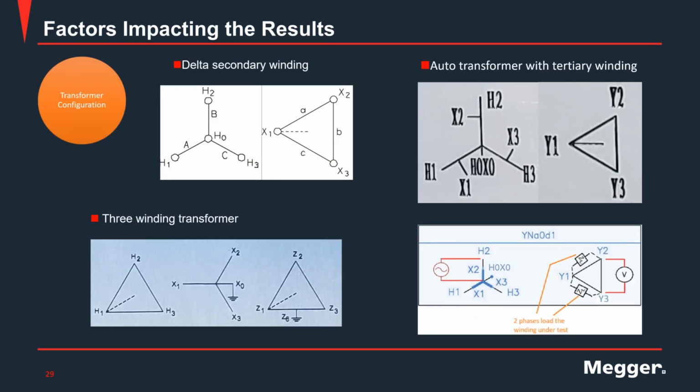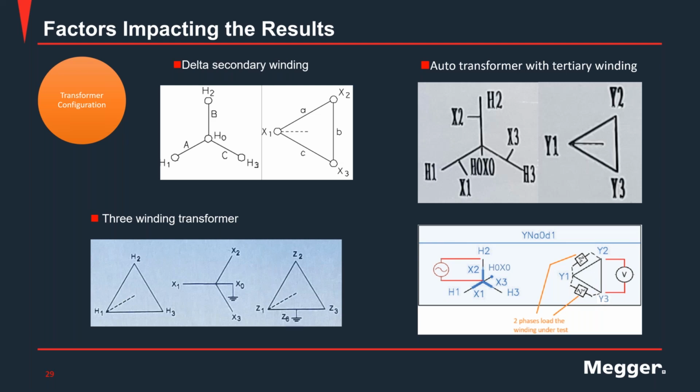And finally, the transformer configuration. When we have a delta secondary, or a transformer with three sets of windings, an autotransformer with a tertiary winding: if you remember, going back to the initial part of the presentation, we said that when we perform the test, it's really important that on the measurement side my windings are open circuit.